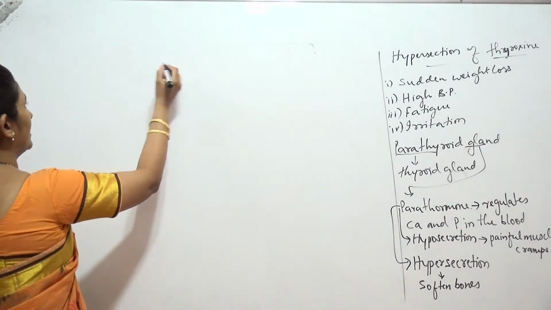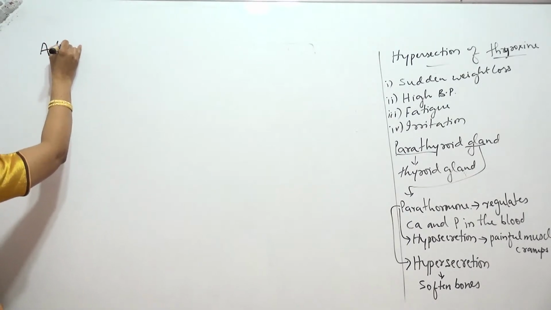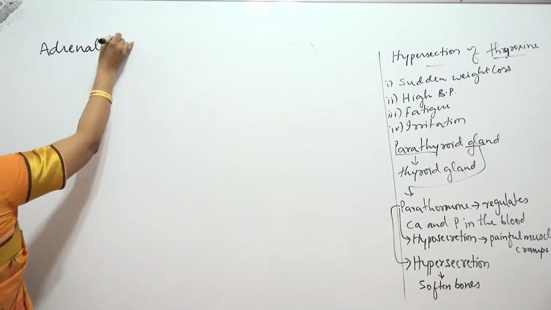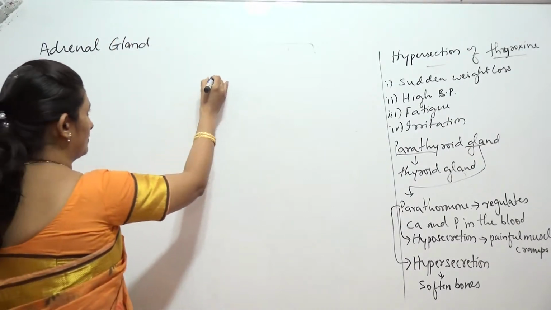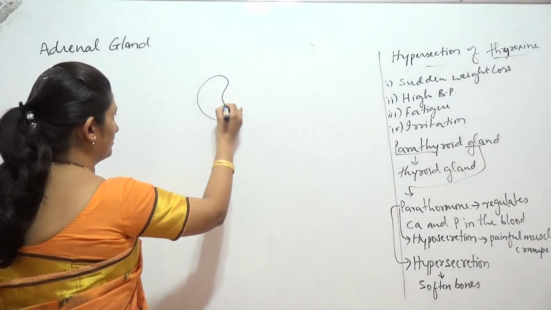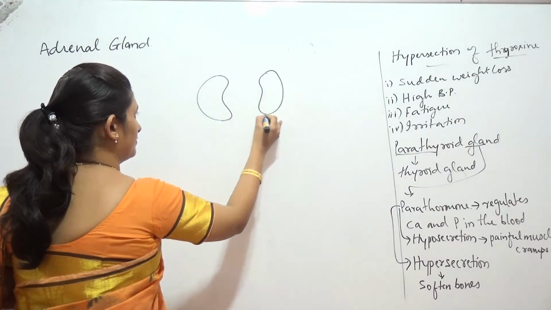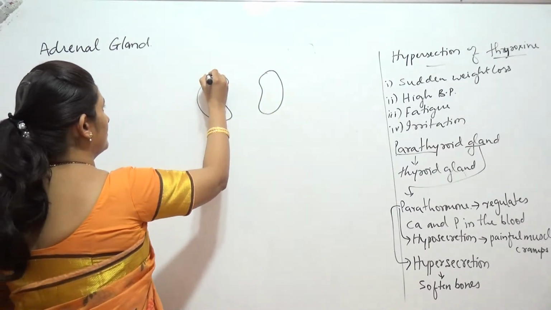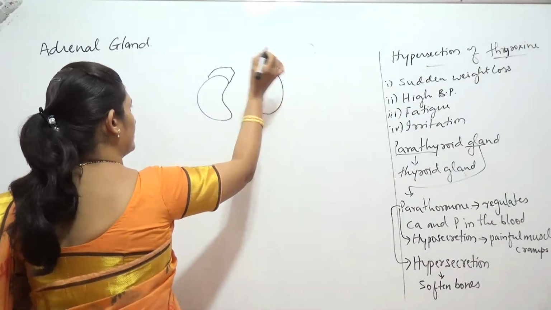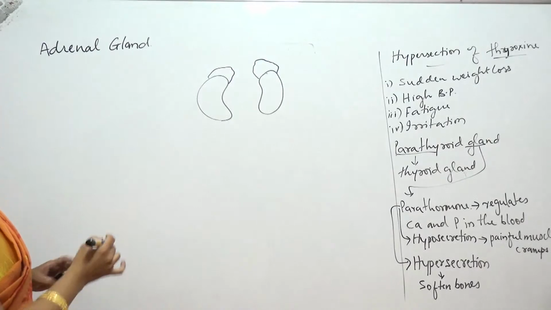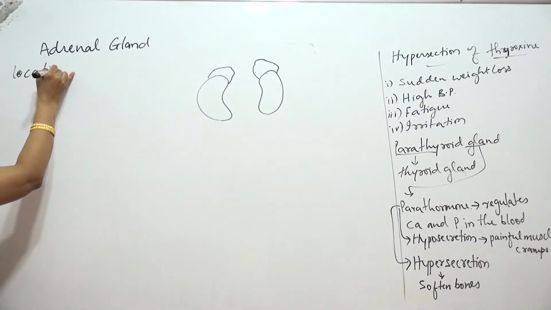Next, coming to the other endocrine gland, that is the adrenal gland. What is the location of these adrenal glands?